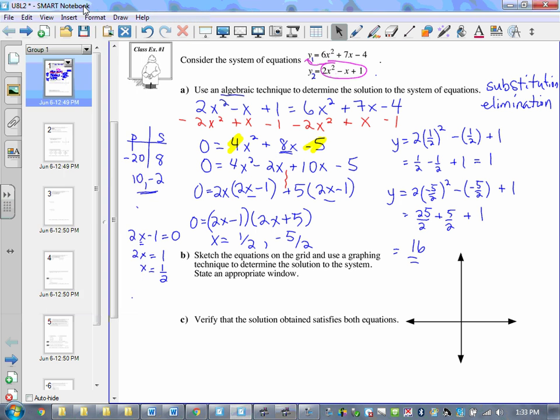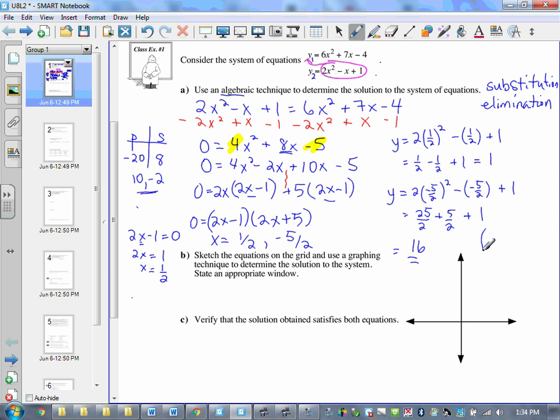All right, how are we going to report our solution? Ordered pairs. So, Sarah, give us one ordered pair. Good question. Those are our solutions.